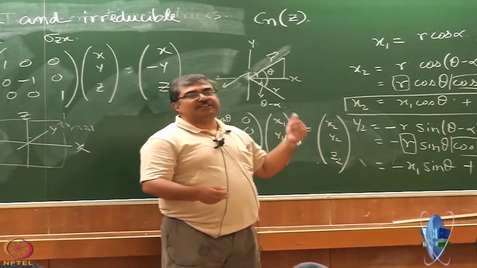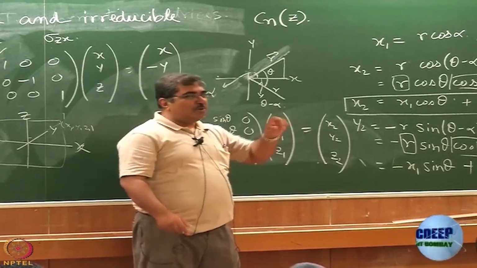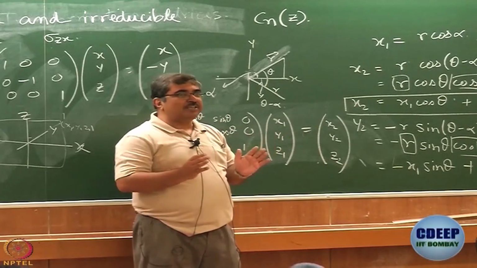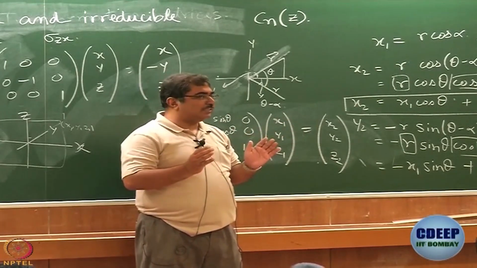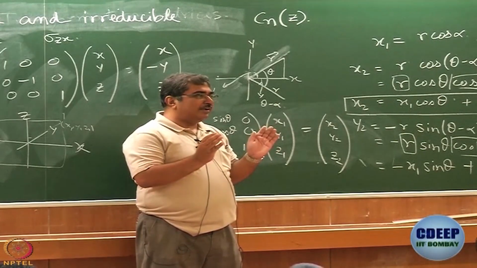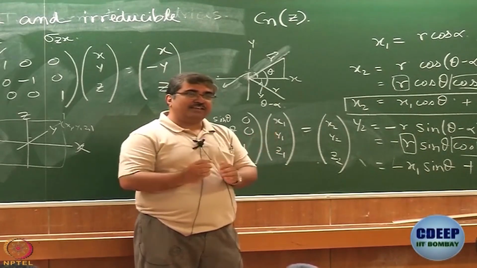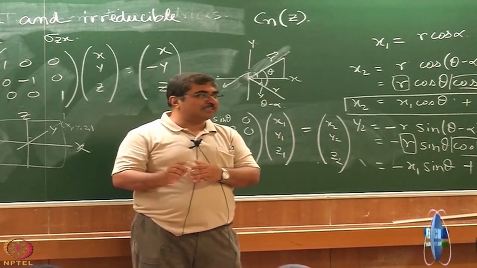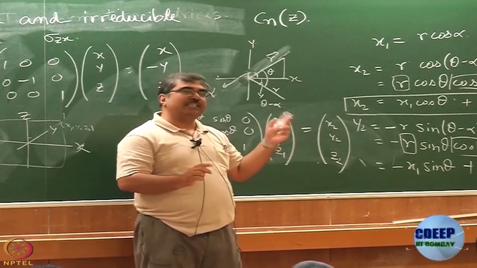Same is true for the transformed y coordinate. So, what Cn does is it classifies your 3 coordinates into two classes, one xy, other z. Z remains by itself, does not mix with anything, x and y mix with each other.